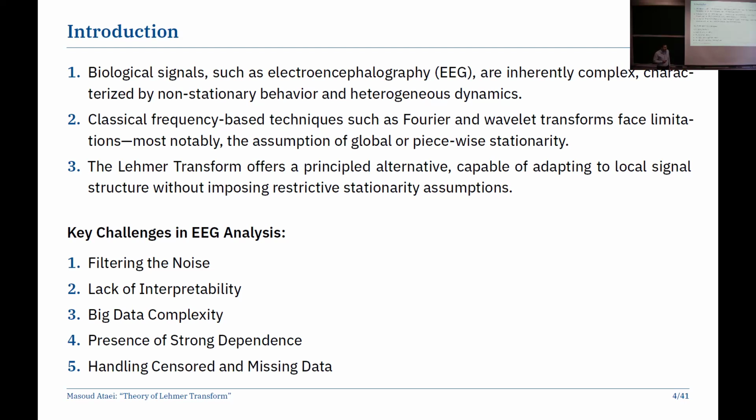And finally, it is inevitable to deal with missing data when it comes to EEG analysis. These missing data come from electrode displacement and other artifacts. The current approach is imputation and interpolation of the time series, which can introduce bias. The Lehmer transform naturally handles the missing data without making any artificial assumptions.